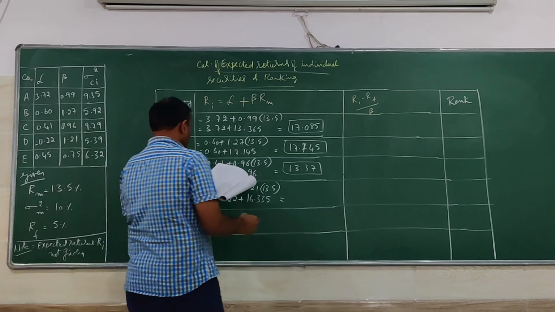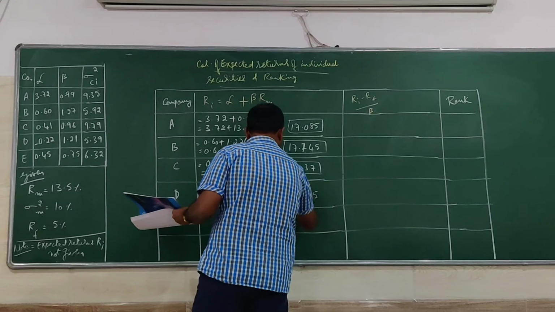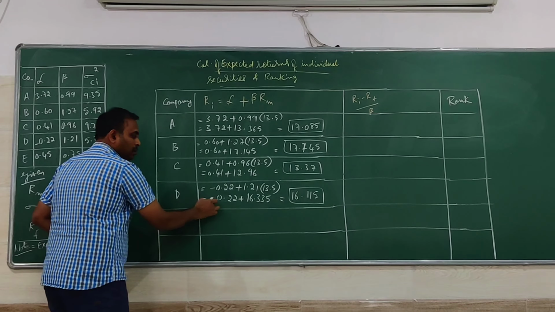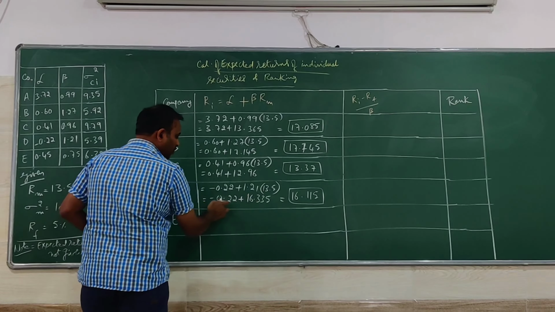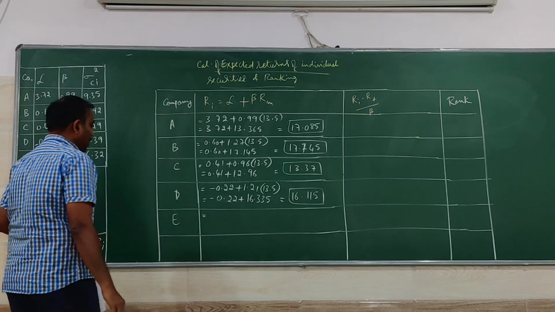Plus value is more, so we'll go for plus. 16.115 is the final answer. So we subtract 0.22 from 16.335 and get 16.115.